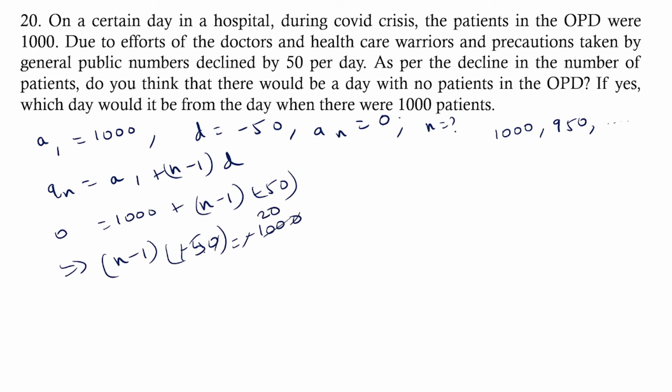So this is 20. So n minus 1 is 20, or n is equal to 21. So on the 21st day, we have no patients.